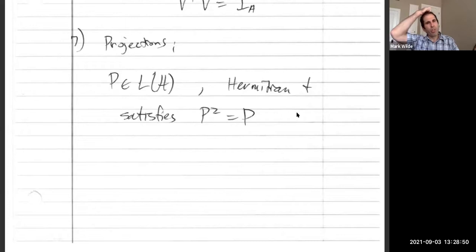Why are these important? Well, eventually we'll talk about measurements of quantum states, and the most basic kind of quantum measurement is described by a set of projection operators. So that's the main context in which they come up in quantum information.